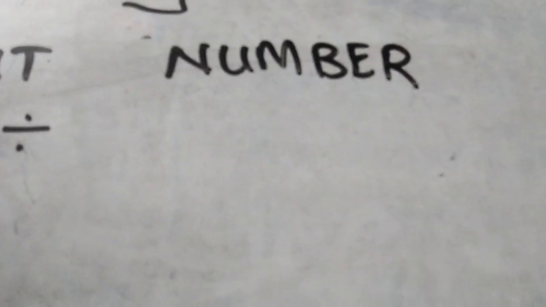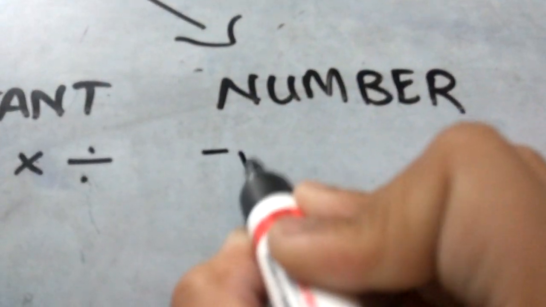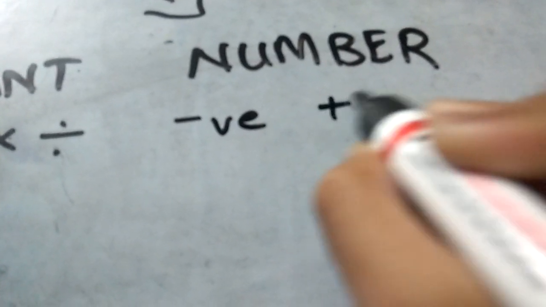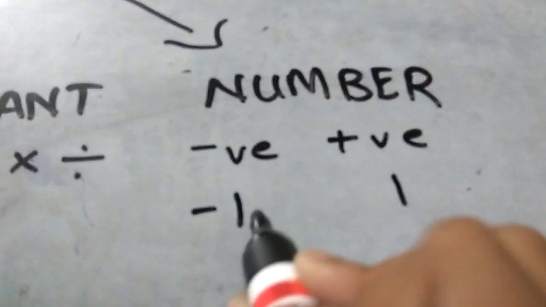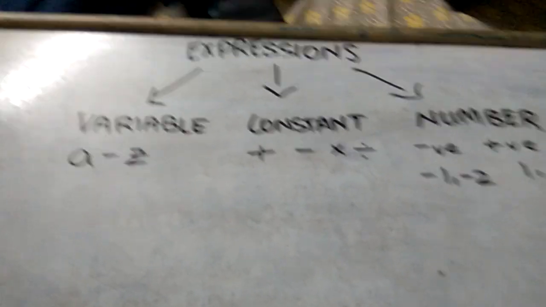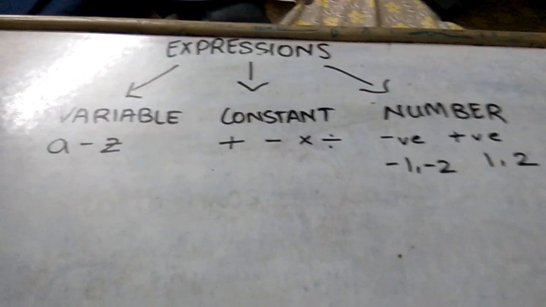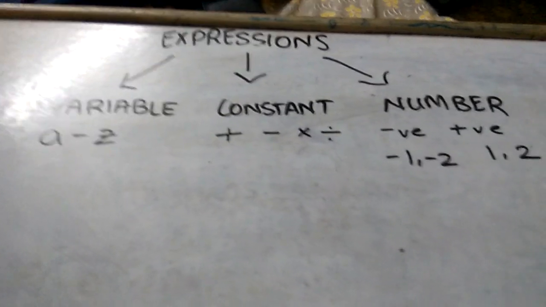And this number is the common number that we use, which can be negative or positive, like -1 or 1, -2 or 2. Have a final look at this until we go ahead. This is what we will be covering as we go further in the chapter expression.